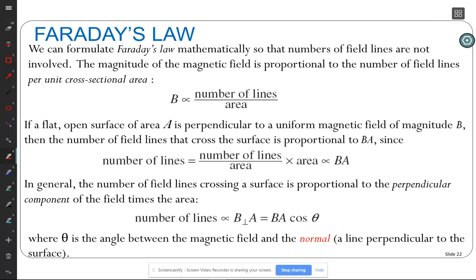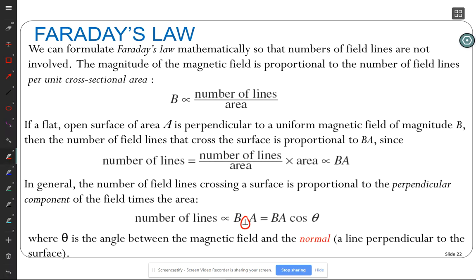The upper one is telling us magnetic field is number of lines over area. The number of lines going through is proportional to the magnetic field that's perpendicular to the surface. It says perpendicular. What do we really say for three-dimensional situations? Perpendicular is to a line only.